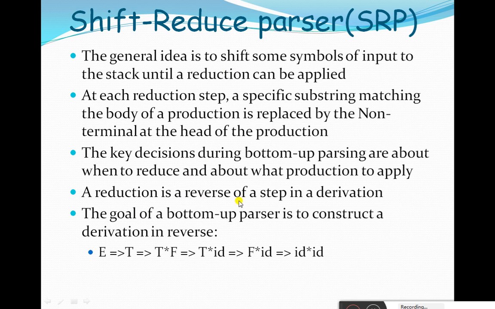A reduction is a reverse of a step in a rightmost derivation. So reduction will take you from one sentential form to the previous sentential form. We call it one reduction.